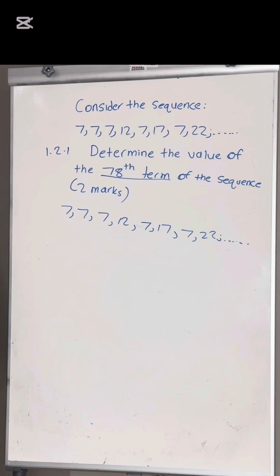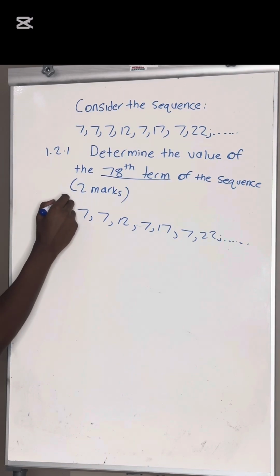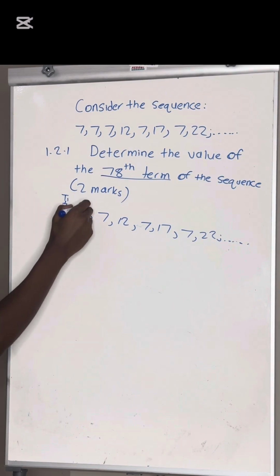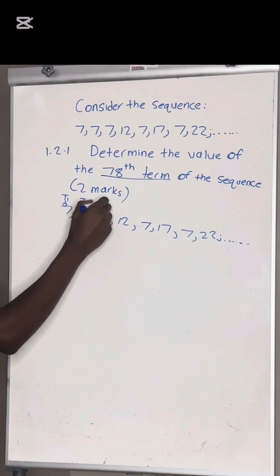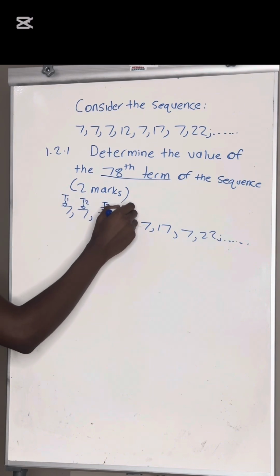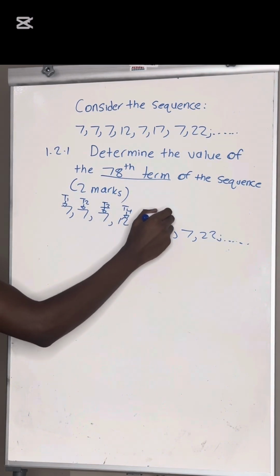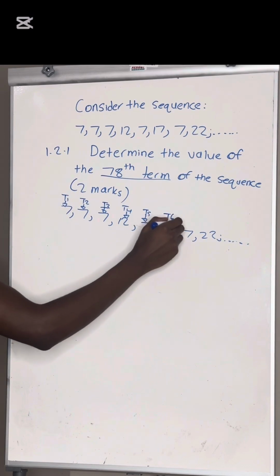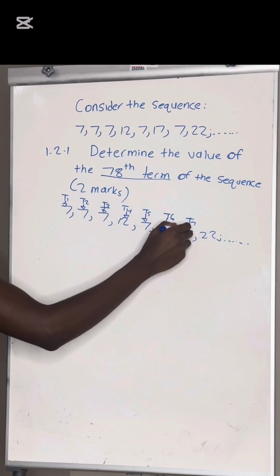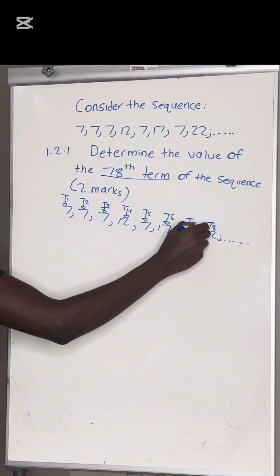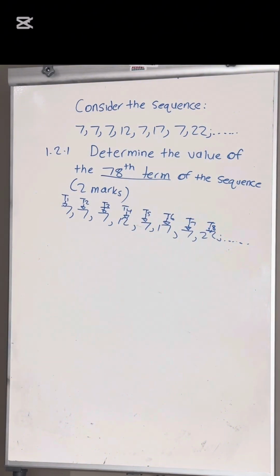So we can see that this is actually term 1 of the sequence. This is term 2 of the sequence. This is term 3 of the sequence. Term 4, term 5, term 6, term 7, term 8, and it carries on.